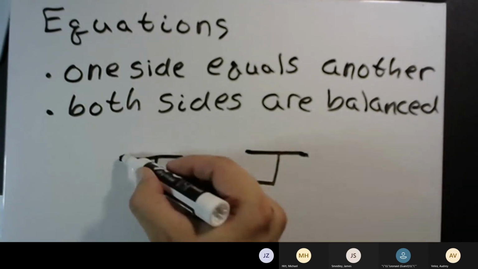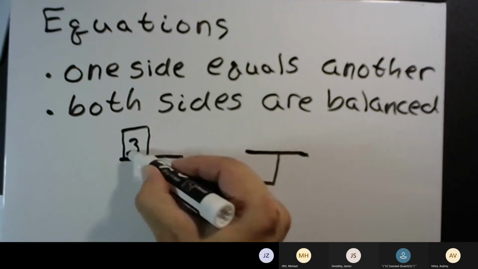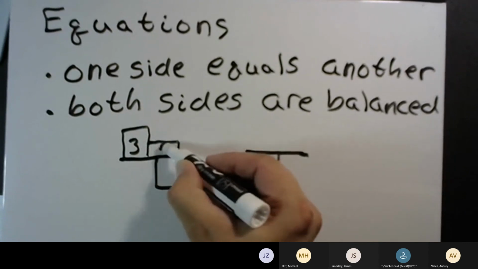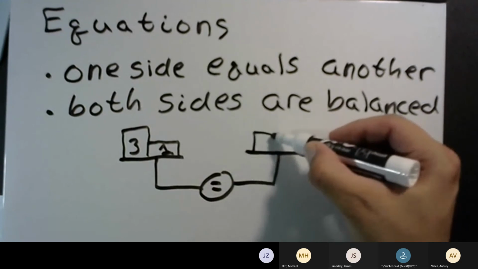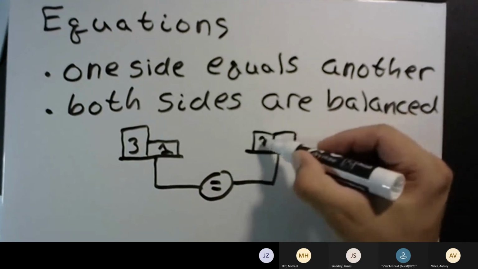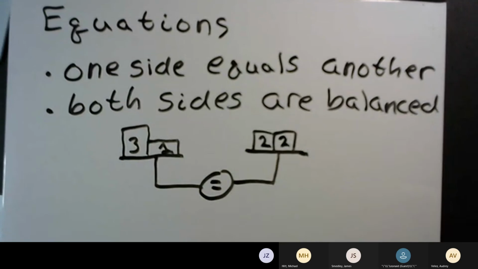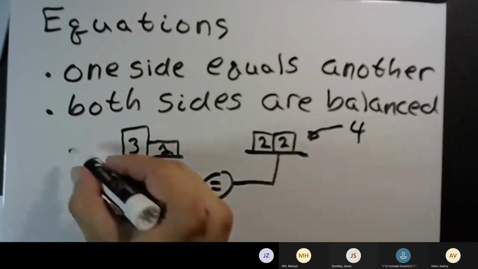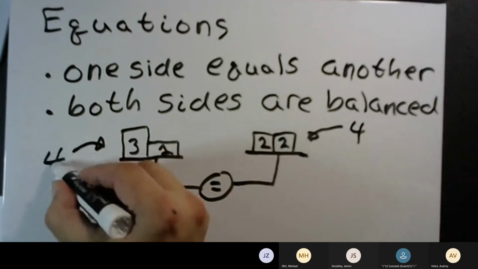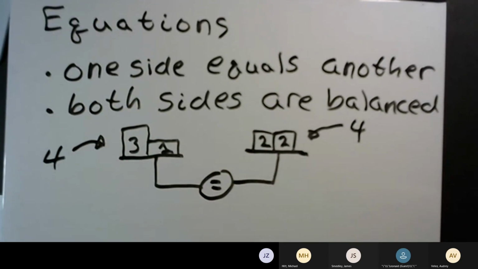So we could have like a 3-pound weight, a 1-pound weight on one side, and then two 2-pound weights on the other. But as far as balancing goes, it's going to be 4 pounds. And so that's the idea of equations. Things have to be balanced. That's what this equal sign means.